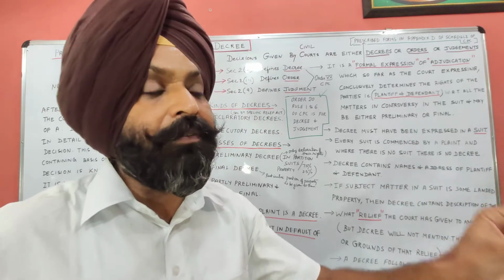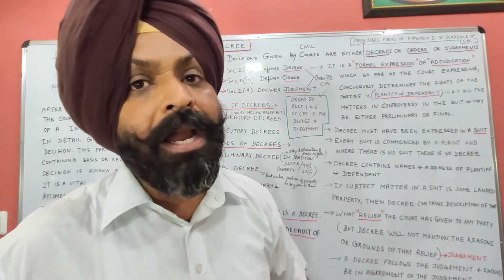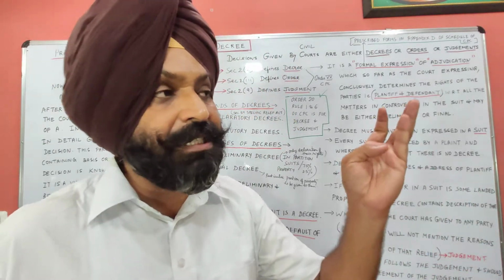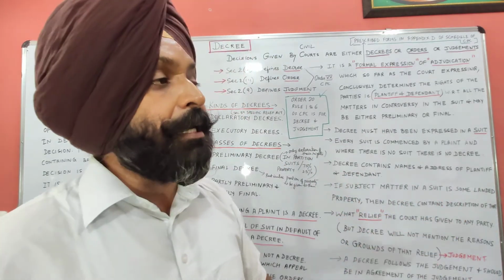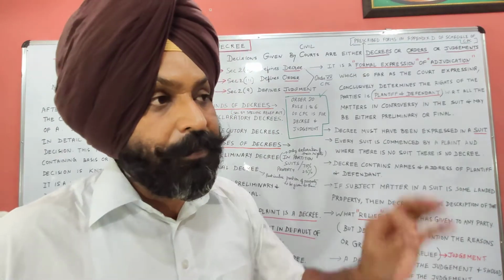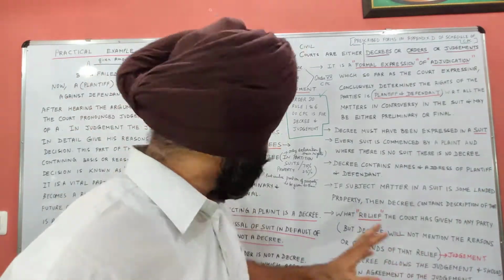Because if the plaintiff doesn't have title to the property, how can he be given ultimate possession? So first the title has to be determined. That is a partly preliminary decree. Then after title, the possession has to be given. If the possession is also given, that is also known as a preliminary decree.